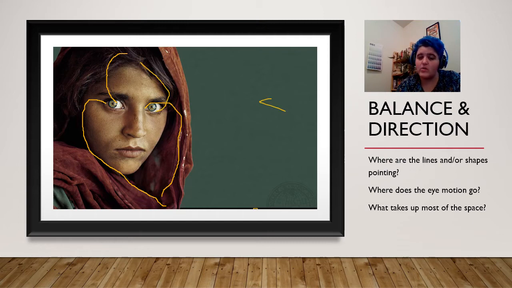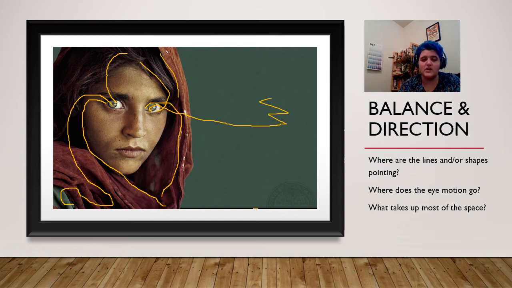If I start anywhere on this green, I just look and look and look until I get to the next green, which is her eyes, right? If I start over here, I might wander a little bit, and then I find these lines, and I end up in the hair, and I end up in her eyes, right? So everything ends up being a channel to get back to her eyes.